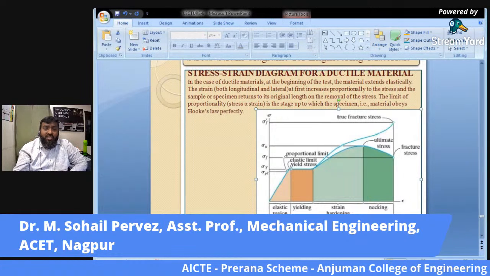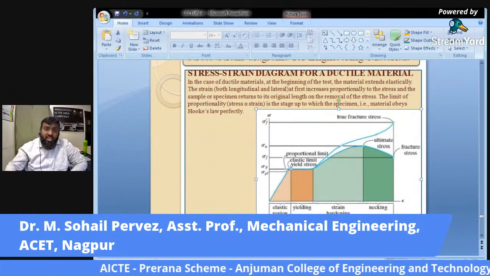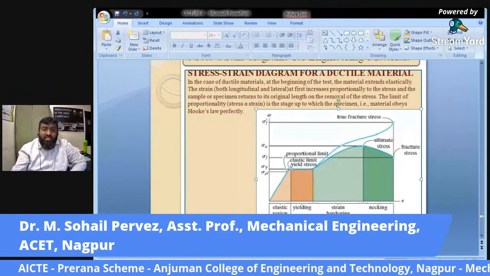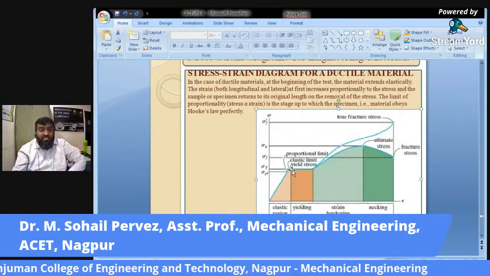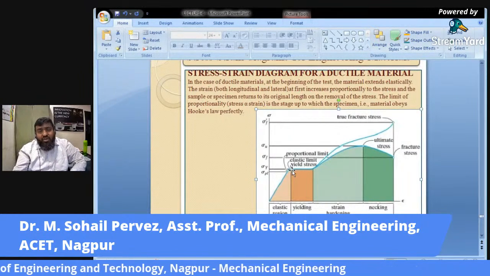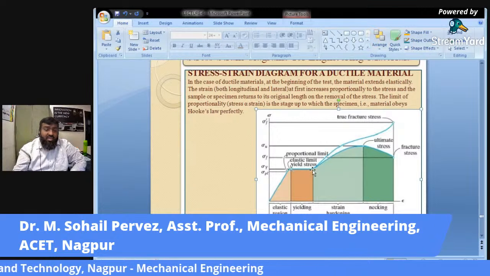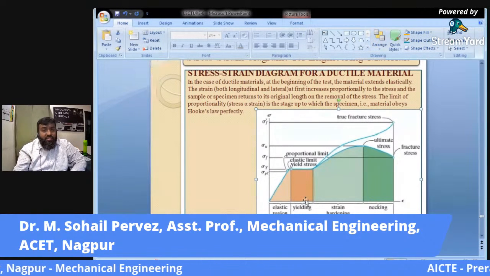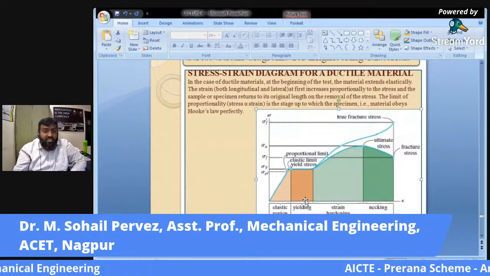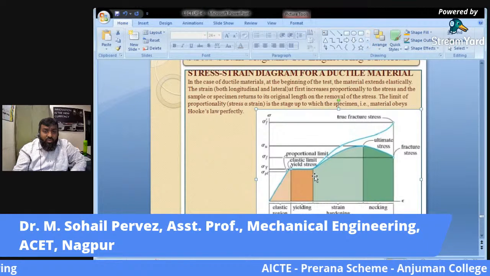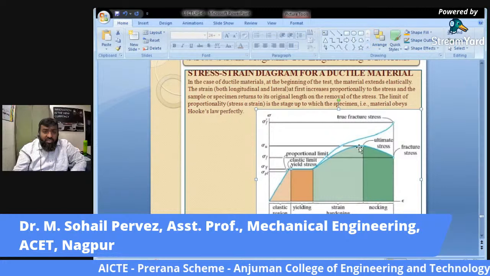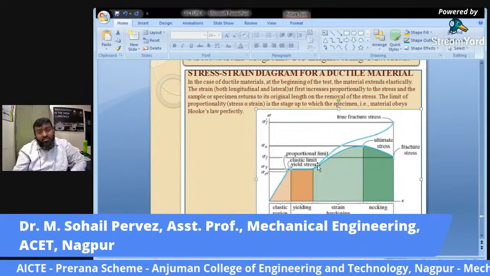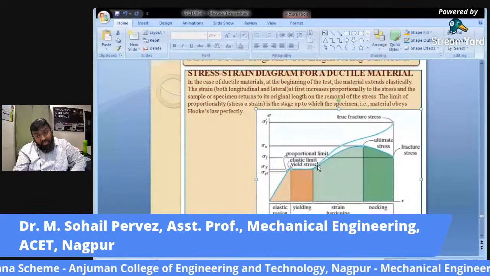After this elastic limit, if I increase the load again, the stage will transfer into the plastic stage, where permanent deformation occurs and yielding takes place. So this is the yielding. Now if we keep increasing the load, the deformation will increase abruptly.